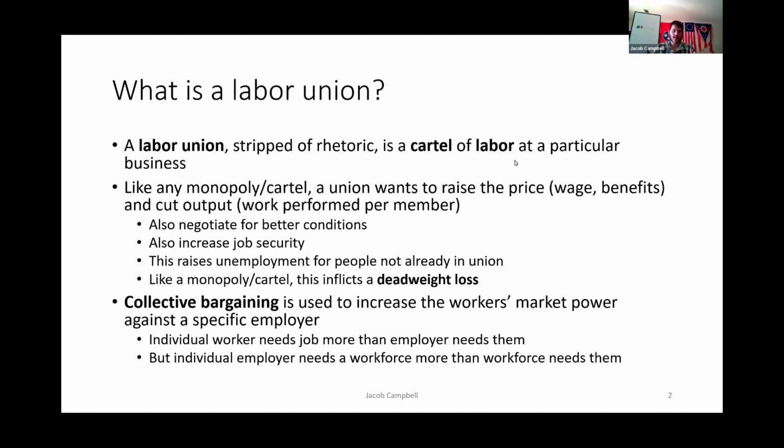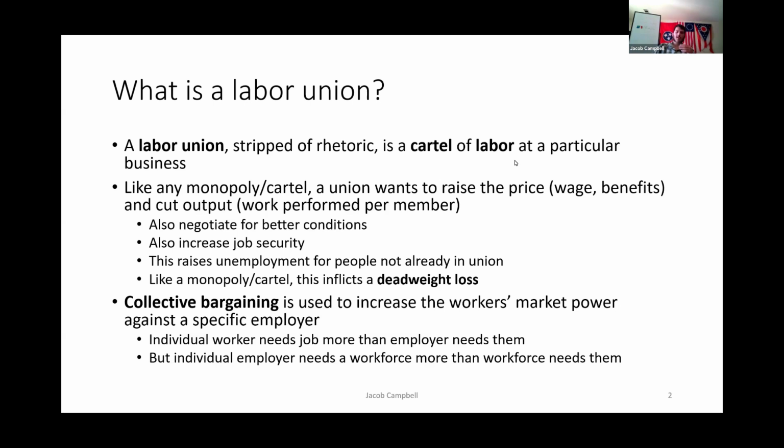Nobody would want to unionize if they believed there was a chance that they might lose their job. So, a union is usually going to try to preserve existing jobs. But this is merely going to shift the unemployment off of them and onto other people.